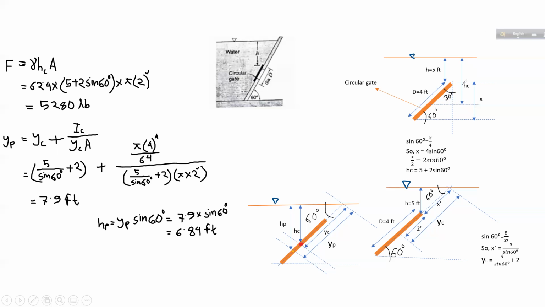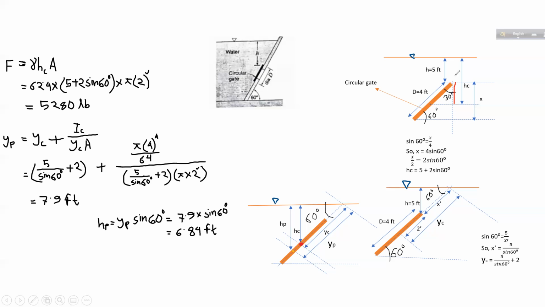How can we calculate HC? As we already know, this is h, which is 5 feet, we just have to calculate this length. If you look here, there is a triangle formed, and if you consider this height as x, we can write sine 60 degrees is equal to x by 4. So x is equal to 4 sine 60 degrees. So what is this distance? This is basically half of x.